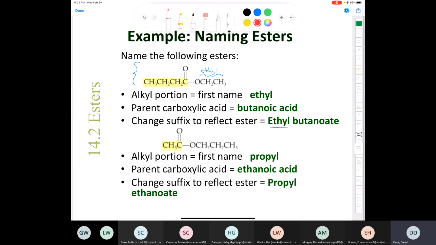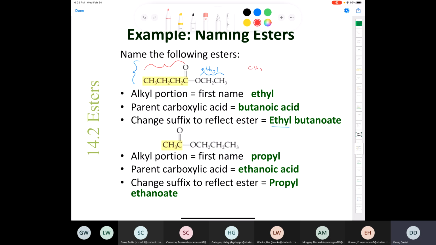The carboxylic acid portion, if it was a carboxylic acid, would be CH3CH2CH2 carboxyl, which is butanoic acid. We drop oic acid and replace it with oate, so we get ethyl butanoate.